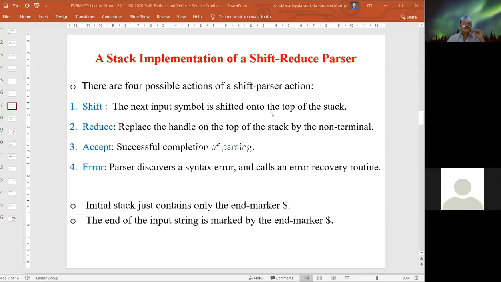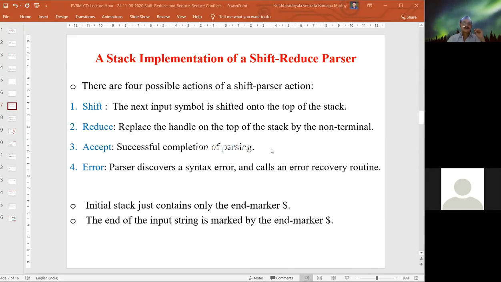If the table contains a shift operation, the next input symbol is pushed onto the top of the stack. If the table contains a reduce entry, that means R1, R2, R3, R4, or anything, it replaces the handle on the top of the stack by the non-terminal. If the table contains accept, it indicates successful completion of the parsing.